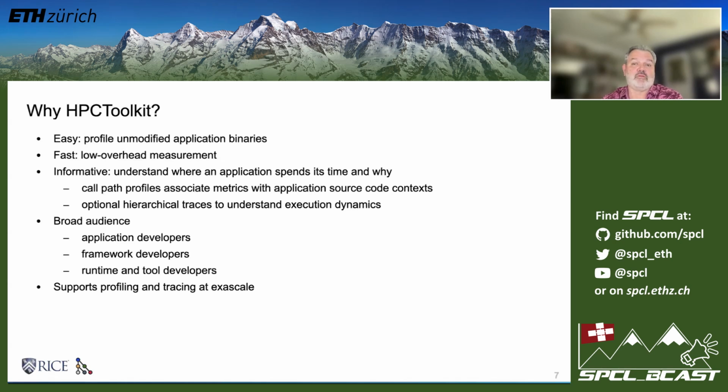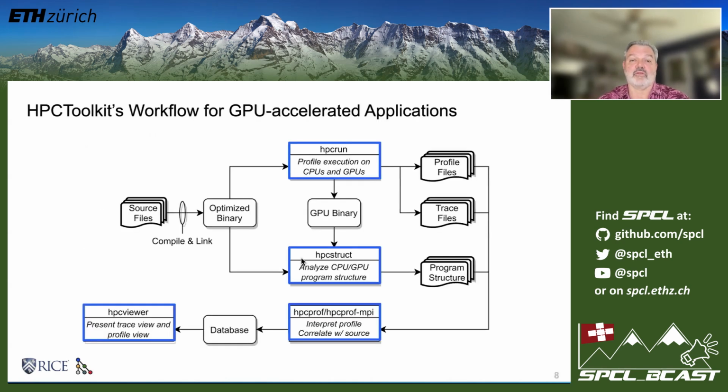In fact, we use HPCToolkit to analyze the performance of the tools themselves and help us tune it and make it more scalable. And finally, unlike the vendor tools, we support profiling and tracing at exascale. So you should be able to collect and analyze information at the full scale of exascale supercomputers.